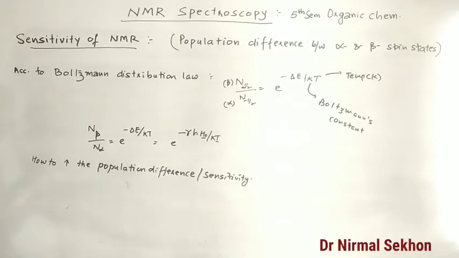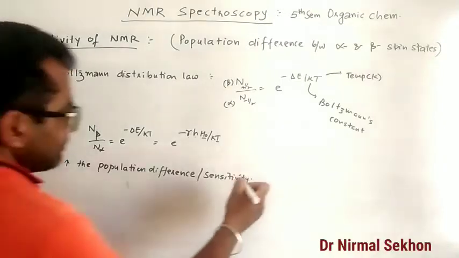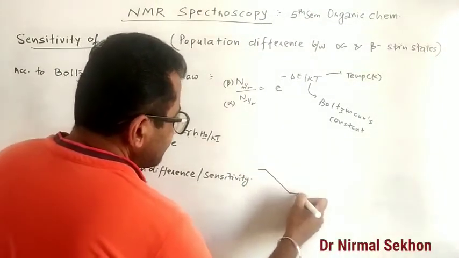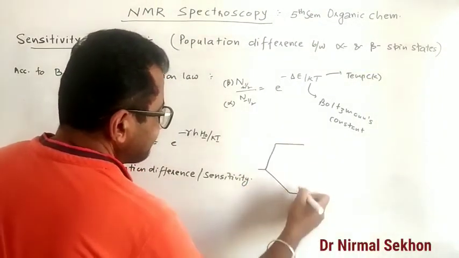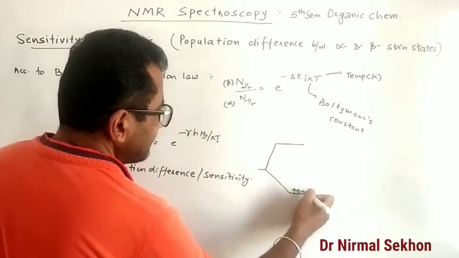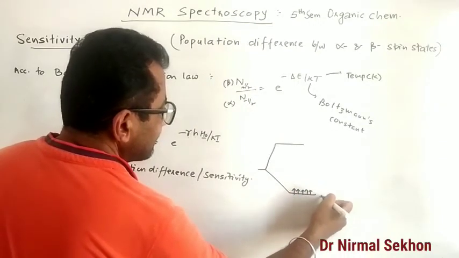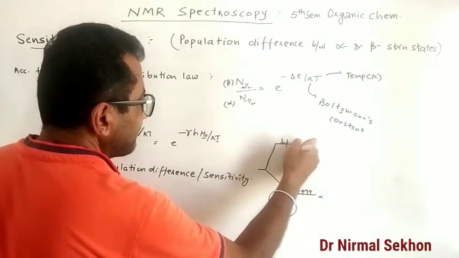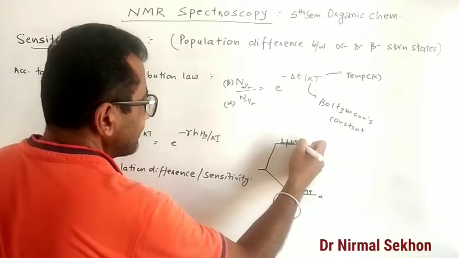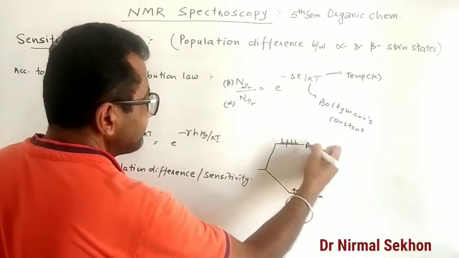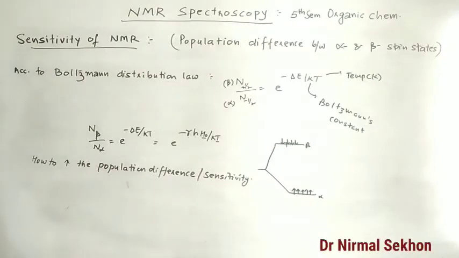If we want to increase the ratio N beta by N alpha, we have three factors. Suppose these are the two energy levels, here we have alpha and here we have beta. Population difference is less.